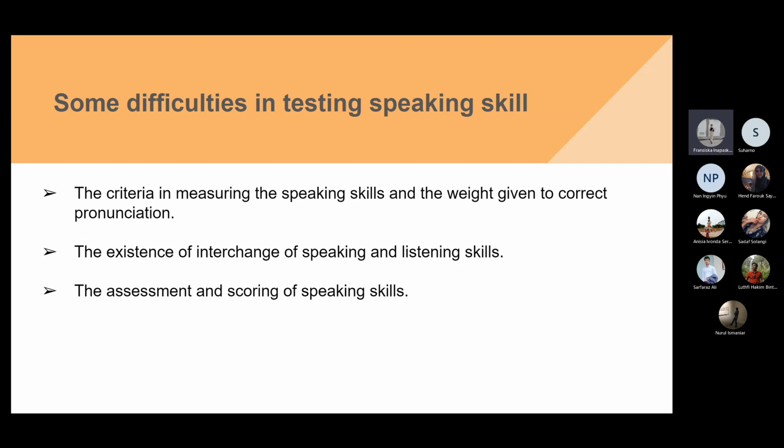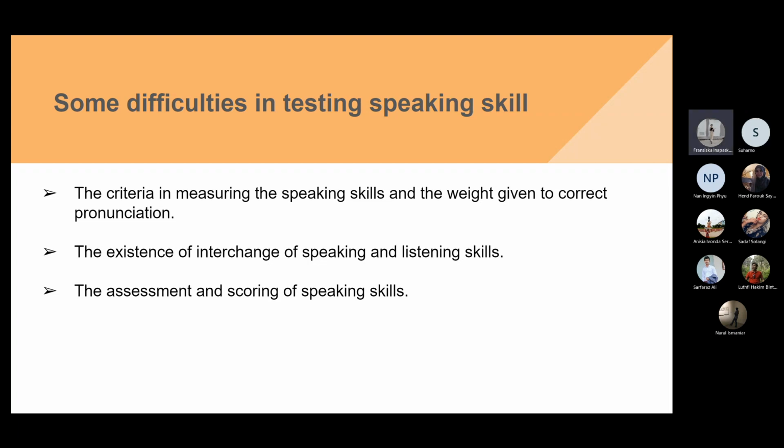So in most cases, there is an exchange between listening and speaking, and it depends on understanding the spoken input. It will impact the speaking test because the examiners here will not know whether what they are testing is purely speaking or speaking and listening together.